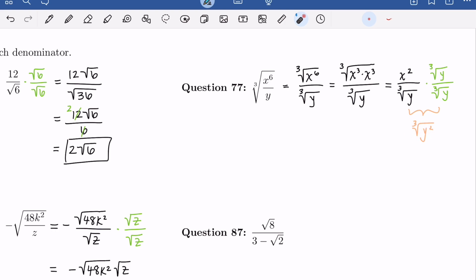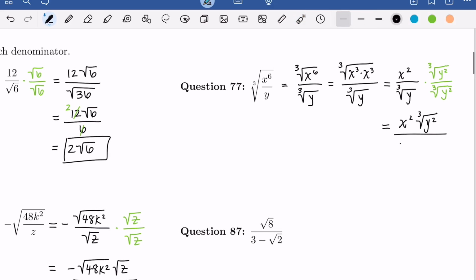So we have to be a little clever with what we multiply this by to get rid of our radical. So instead of multiplying by that, let's multiply by the third root of y squared. And we'll see why in a moment. Doing this, we're going to end up with x squared times the third root of y squared over, well, we have the third root of y times the third root of y squared. Since these guys have the same root power, we're just going to multiply y times y squared under our third root.